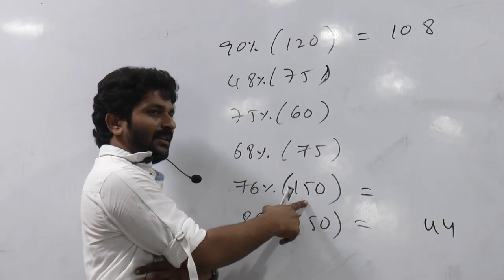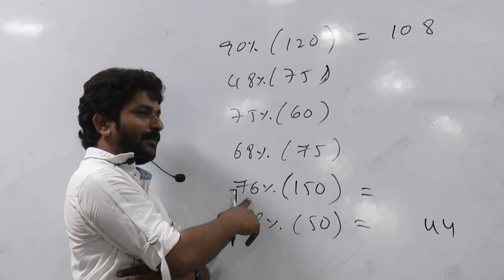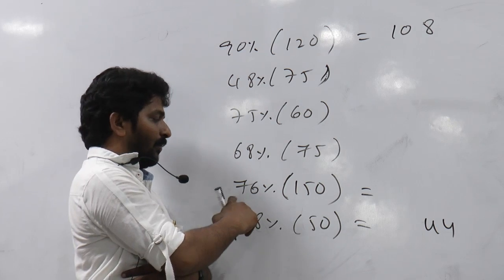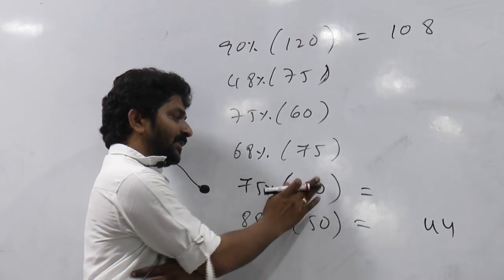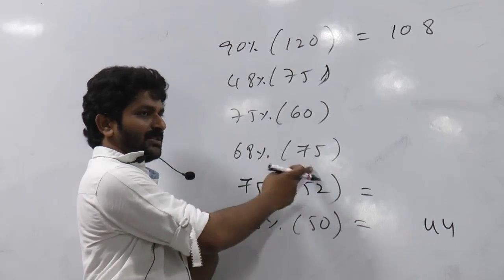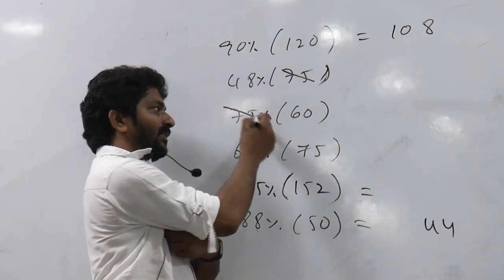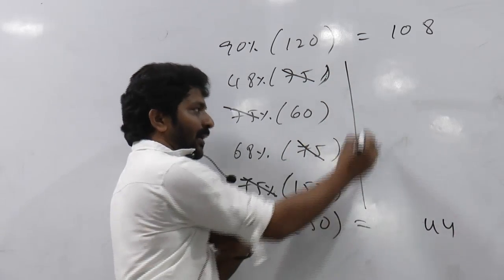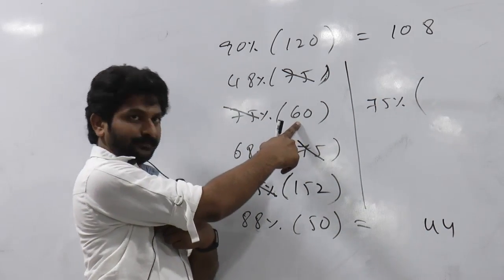I'll write 150 as 75 two times. 2 multiplied by 76. 152. 152% of 75 or 75% of 152. You can change percentage symbol here. So this is 75 multiple, this is 75 multiple, 75 multiple, 75 multiple. So all these values together will give you 75% of 48, 60.